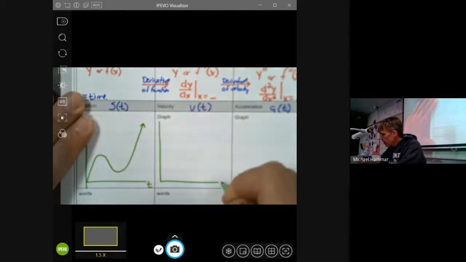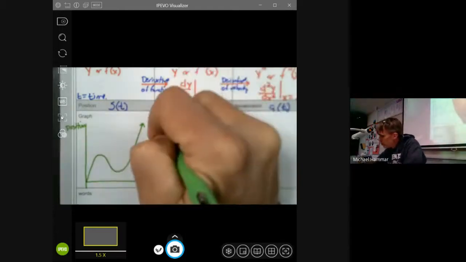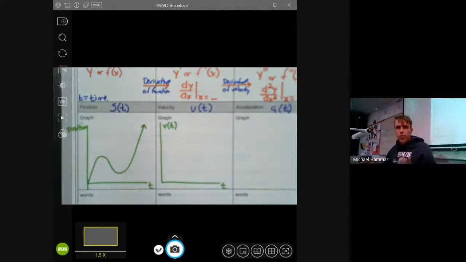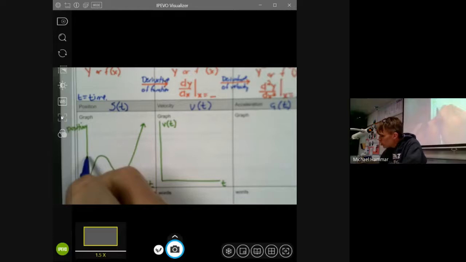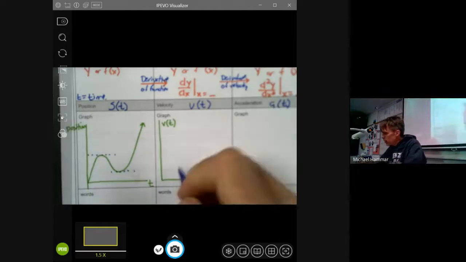Time is always going to be on your x-axis, but if we're now going to draw the velocity graph, v of t, we have to do a couple of things. Remember, I always told you, if you have a graph like this, to draw the derivative of it, the first thing you should do is mark where you have horizontal asymptotes that are equal to 0.